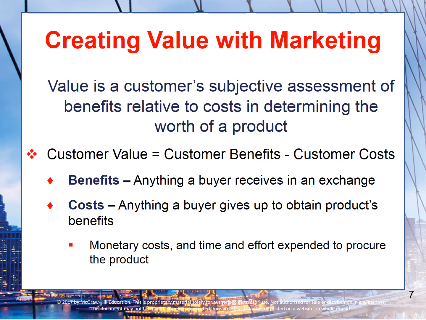Of course, we always think of the most obvious cost as the monetary price of the product, but there are also some non-monetary costs that can be equally important in a customer's determination of value. Two of the non-monetary costs that we want to look at are time and effort that a customer expends to find and purchase those desired products.